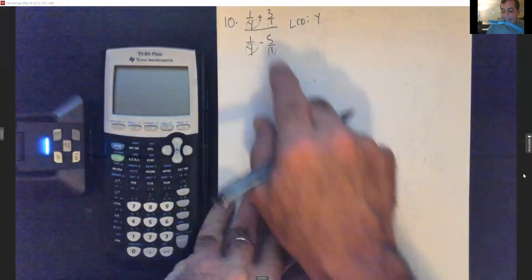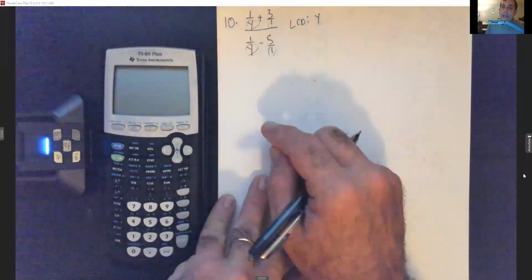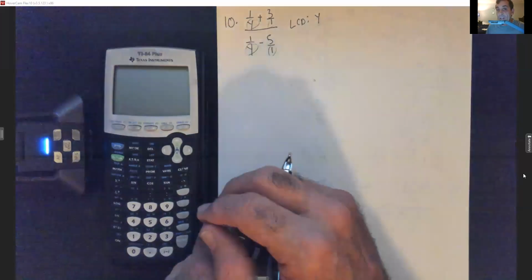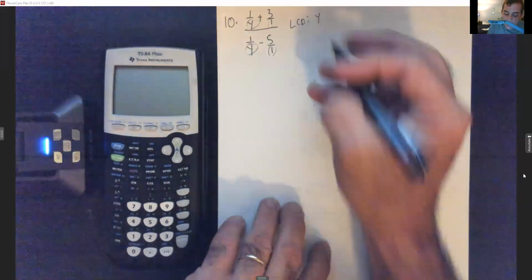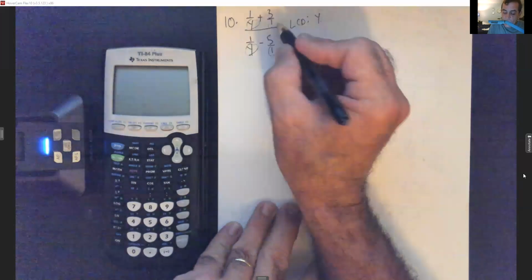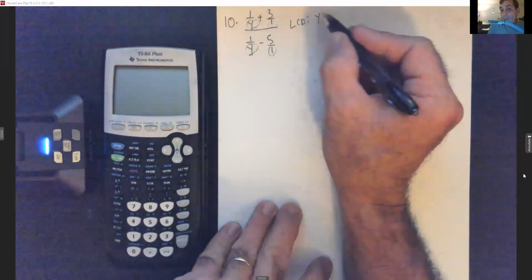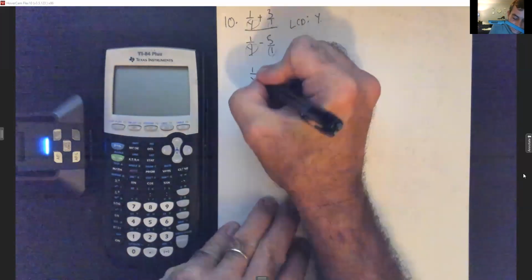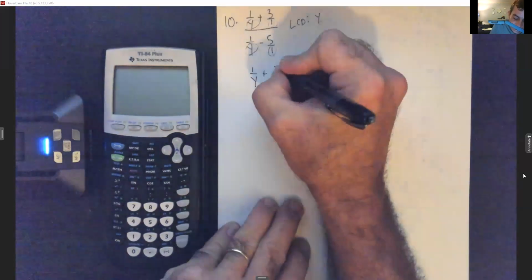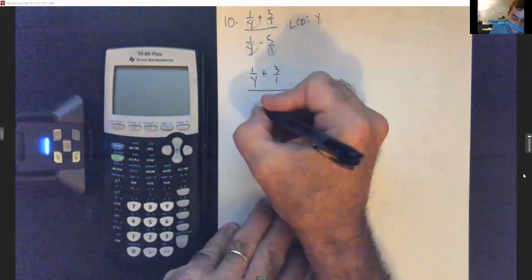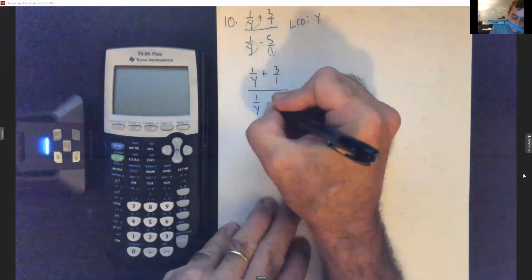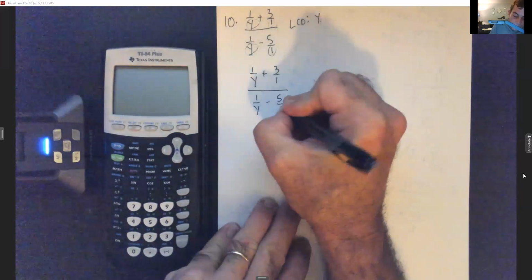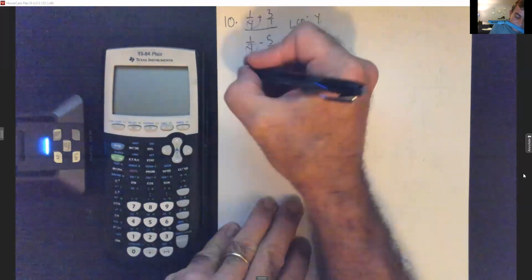Instead of trying to add these fractions on top and bottom, I'm going to show you how to eliminate these fractions altogether. So I got a least common denominator on the bottom. All that's down there is a y and a 1, so I got a 1y for my LCD. Now I'm going to take all these fractions and write them real quick, and I'm going to multiply all 4 of these fractions by the y.